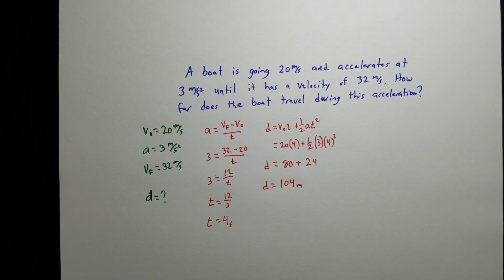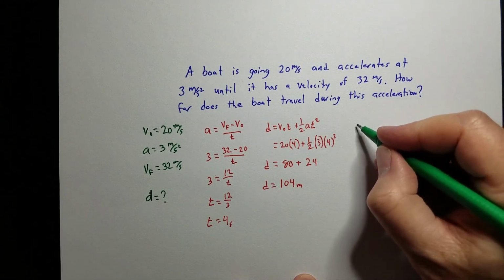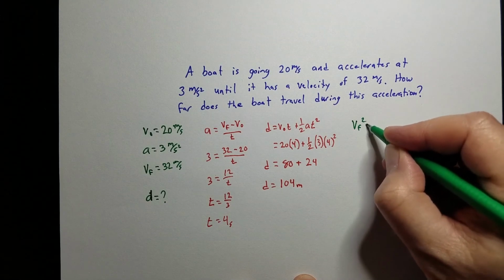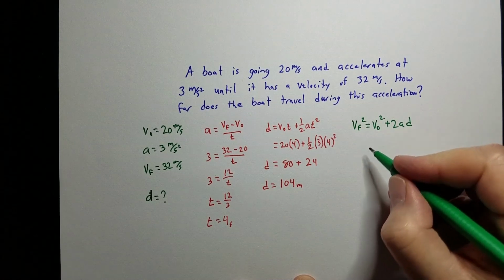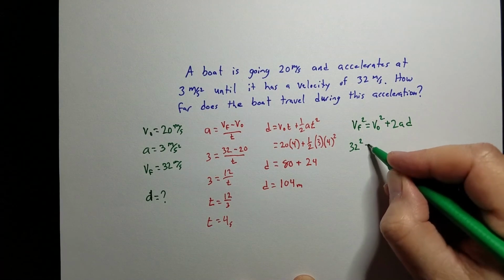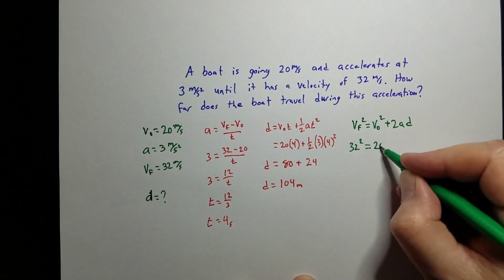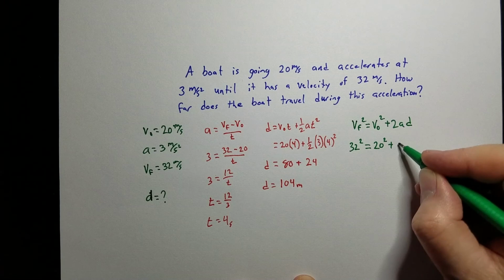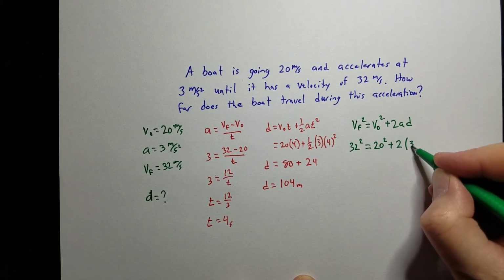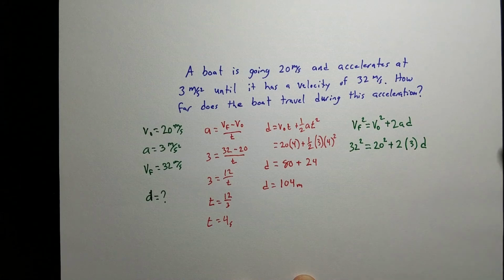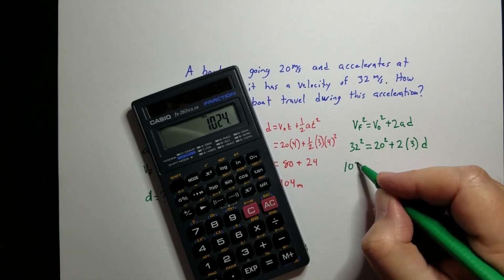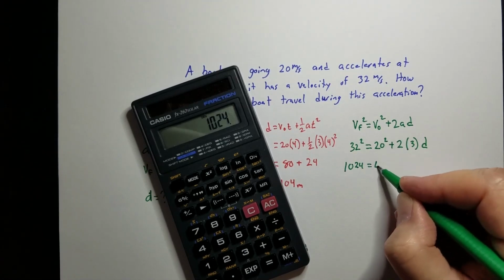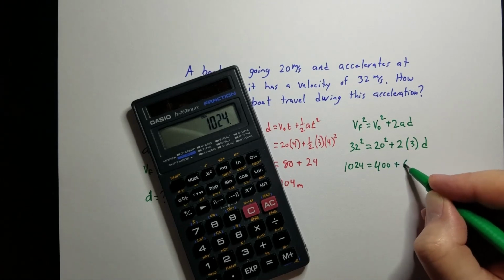That's using our time-dependent equations, but I was never asked for time. I just need to know how far the object went. So let's use our new one: vf squared equals vo squared plus 2ad. Final velocity is 32, squared, equals original velocity 20 squared plus 2 times 3d. 32 squared gives us 1024, 20 squared is 400, plus 6d.